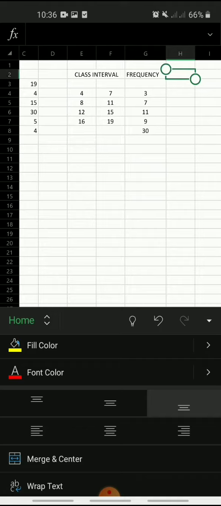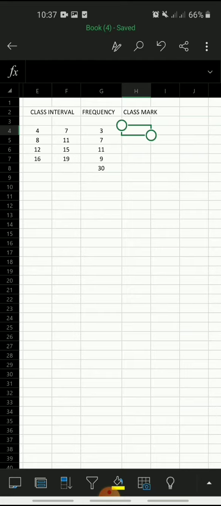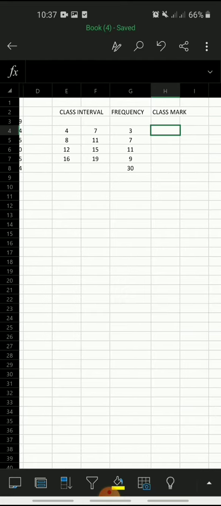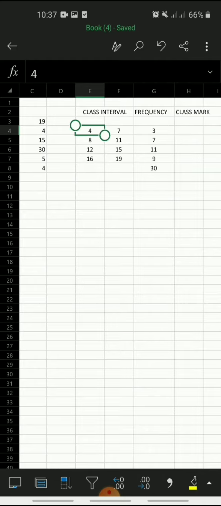So, next we're going to get the class mark. To get the class mark, we simply add the interval limits, then divide by 2.